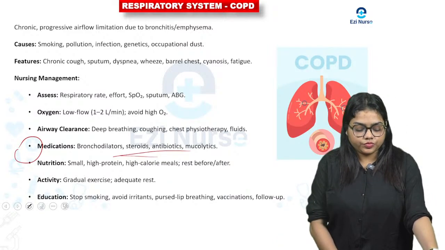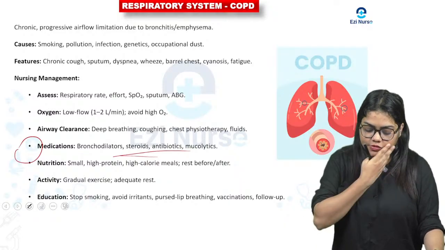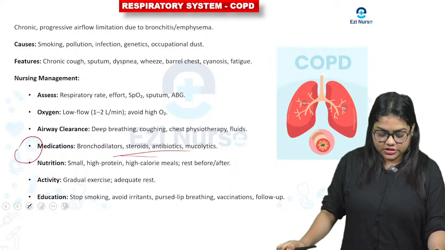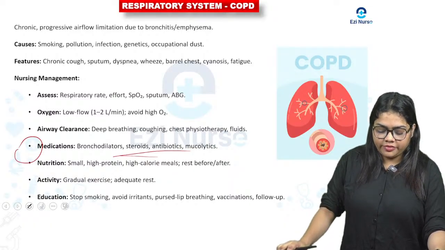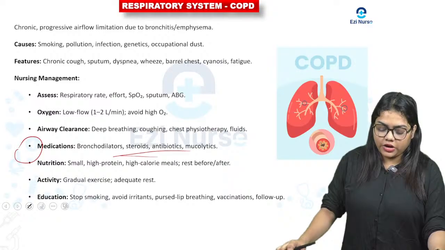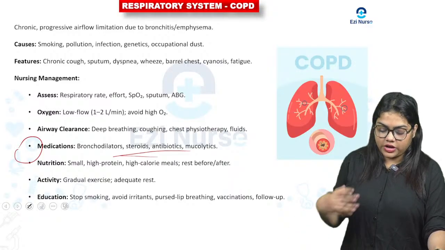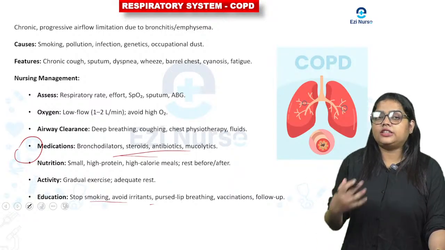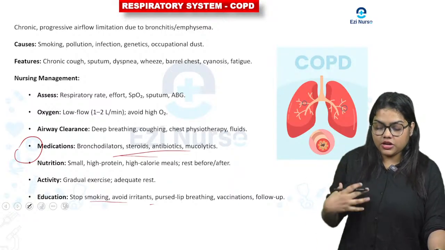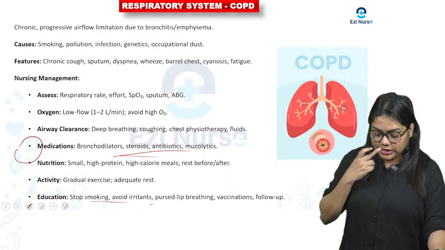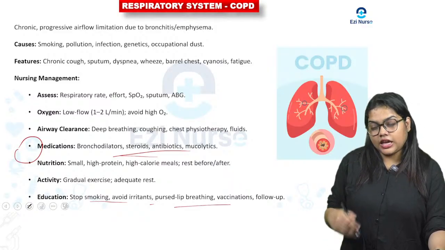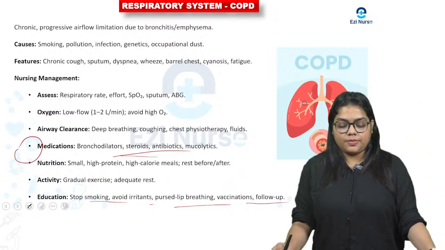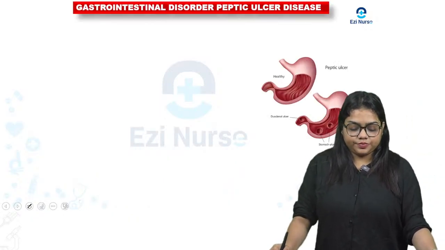Then activity, where we give gradual exercise and adequate rest. Next is education. We have to educate the patient on why he or she should stop smoking, avoid any kind of irritants that can increase the level of infection, and pulse, sleep, breathing, exercise, vaccination, and follow-up procedure. So this is about COPD.